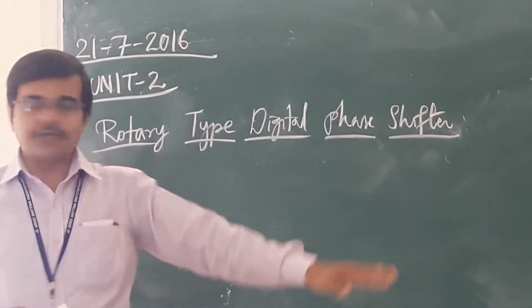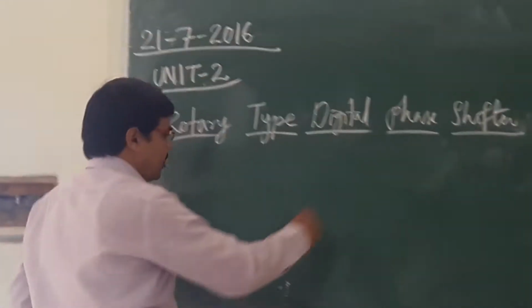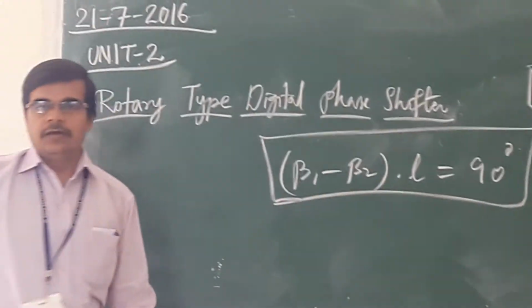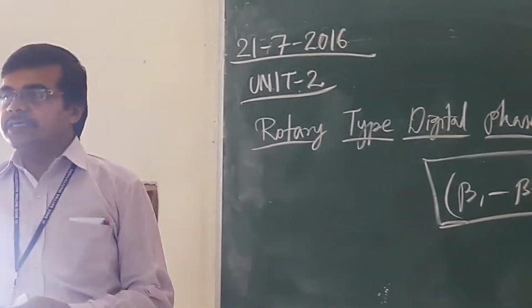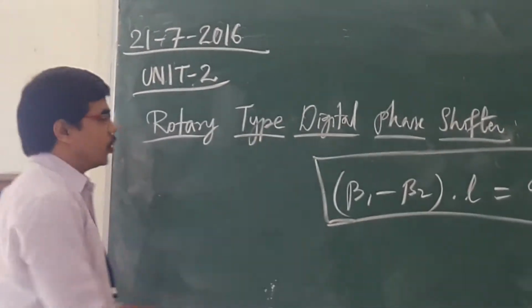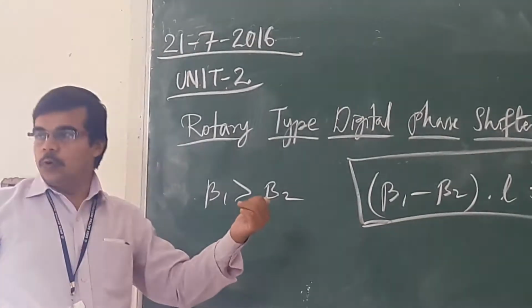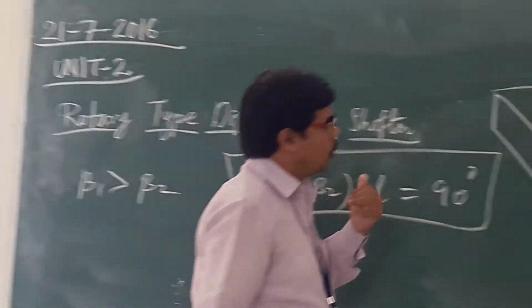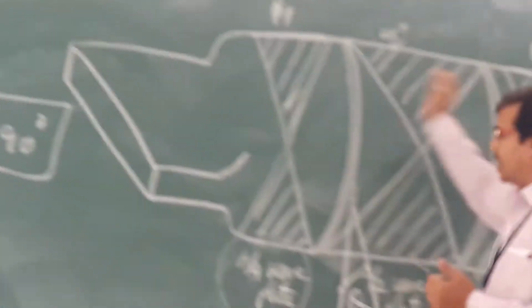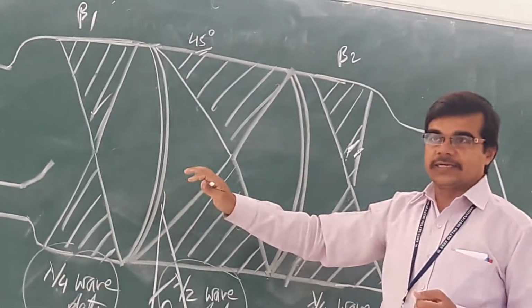Now let us say for this wave plate, you have to consider the equation. Let us assume that we have beta 1 and beta 2 as the phase constants of these two wave plates.